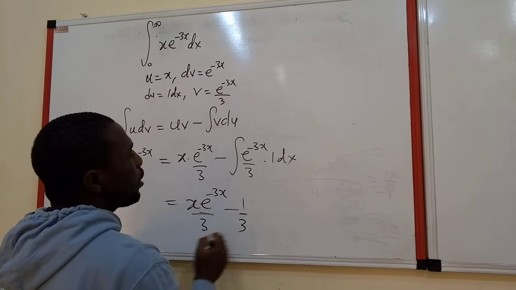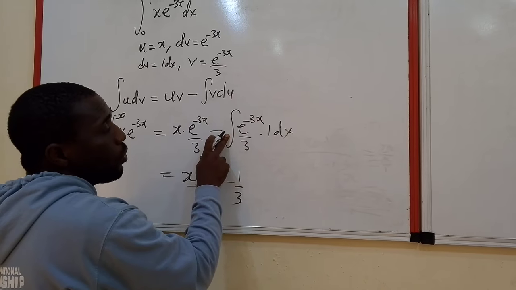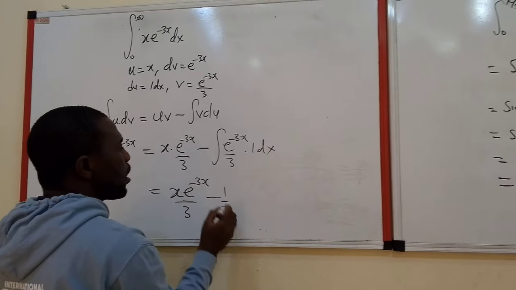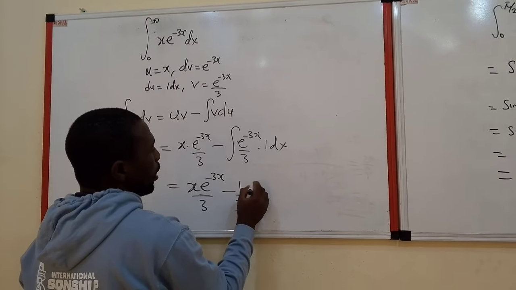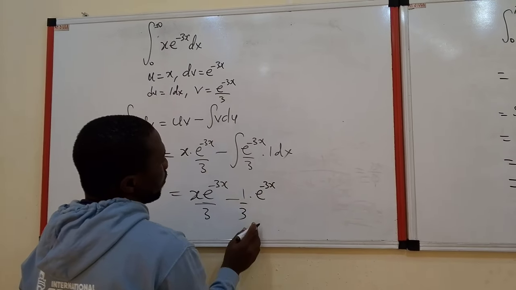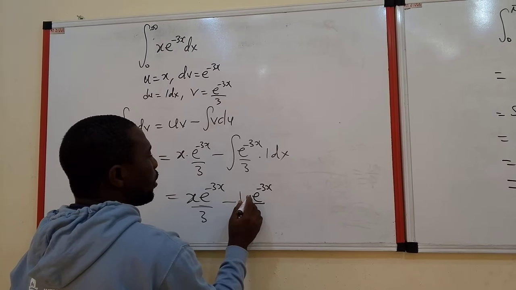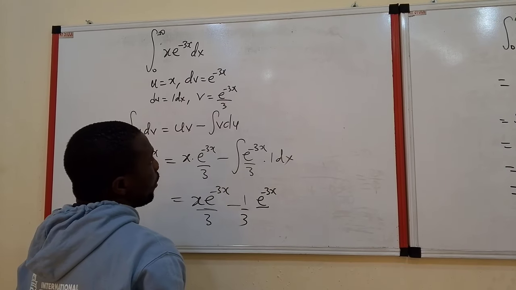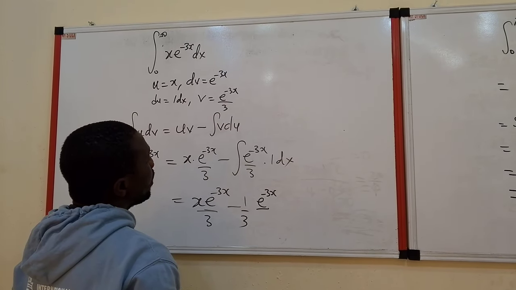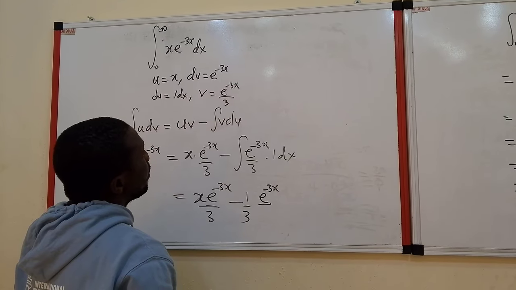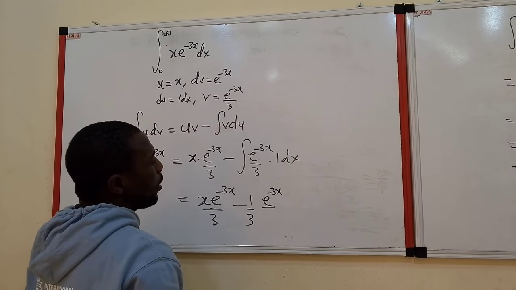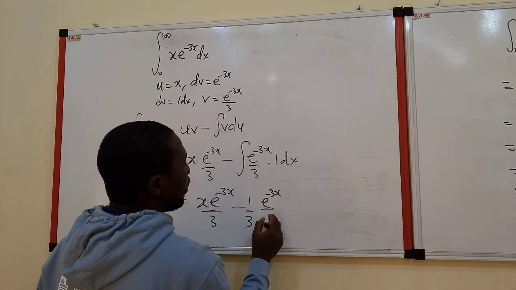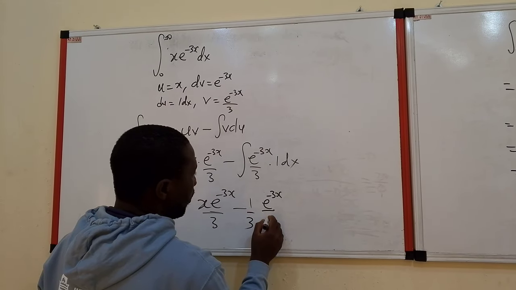Now if we integrate exponential minus 3x, I have exponential minus 3x over minus 3.